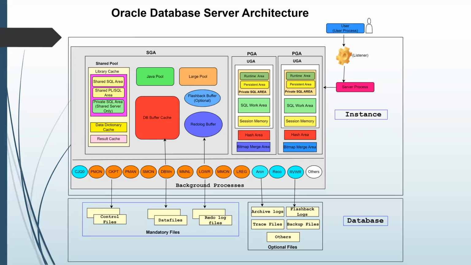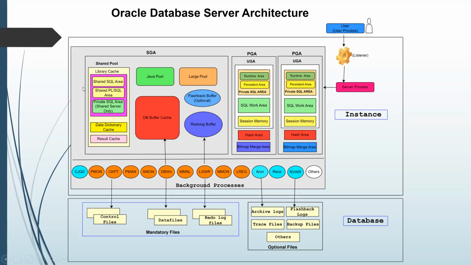Now coming inside the shared pool, the first component that you see is the library cache. And then there are subcomponents inside the library cache. So what exactly is this library cache? What is the functionality of this library cache?